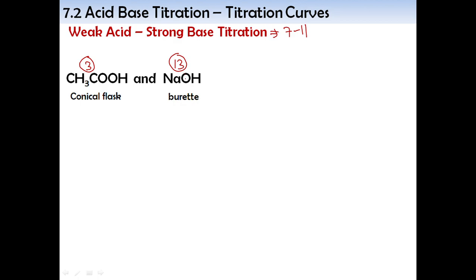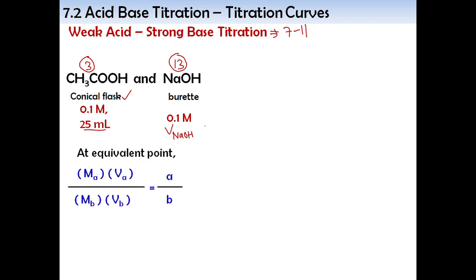Remember, for the solution in the conical flask, you will be given the concentration and volume. The solution in the burette will be given to you only as concentration. So we want to find what is the volume for NaOH at equivalent point. Again, this is the formula because the mole is equal at equivalent point. So the stoichiometry between these two is 1 to 1. So kita boleh substitute dalam formula.